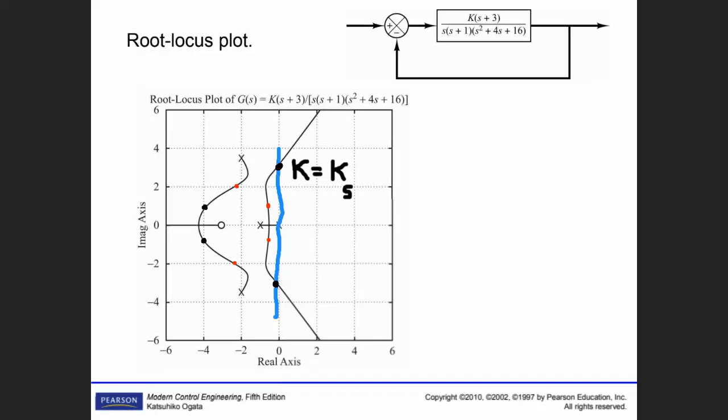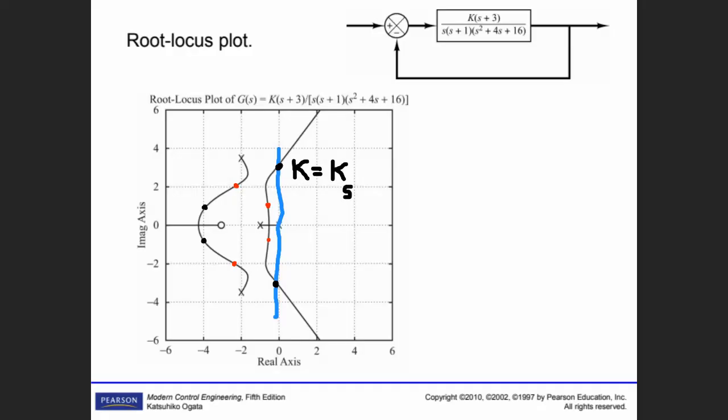But the red ones, journey started from this point. Journey started from those points and comes like this. And for that one too.